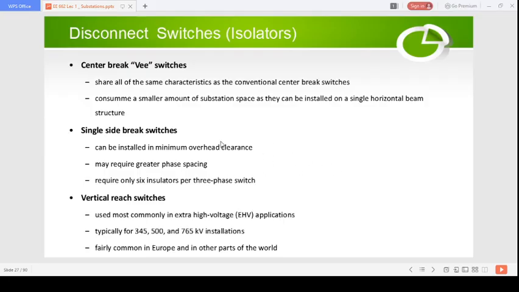Then you have the vertical reach switches, used most commonly in extra high voltage applications, typically for 345 kV, 500 kV, and 765 kV installations. These are fairly common in Europe and in other parts of the world as well.